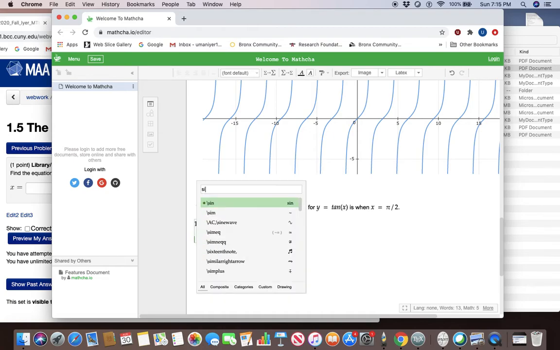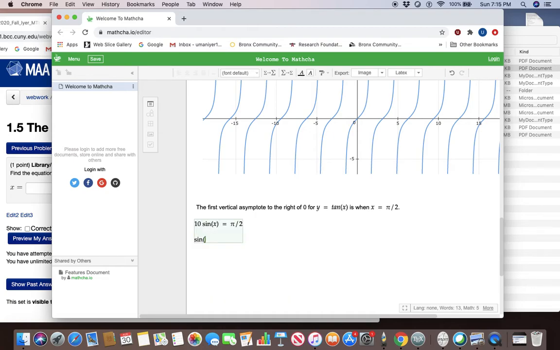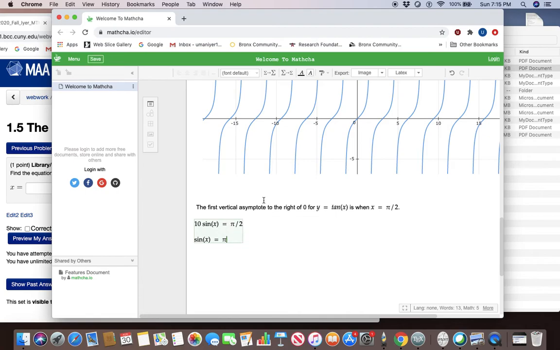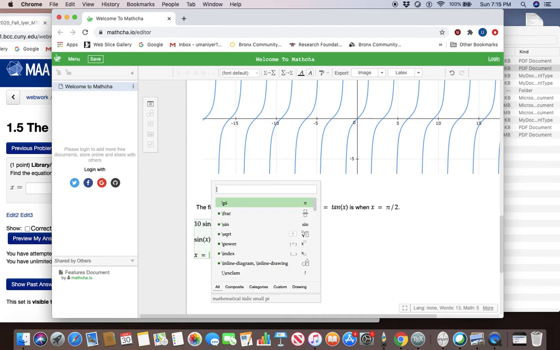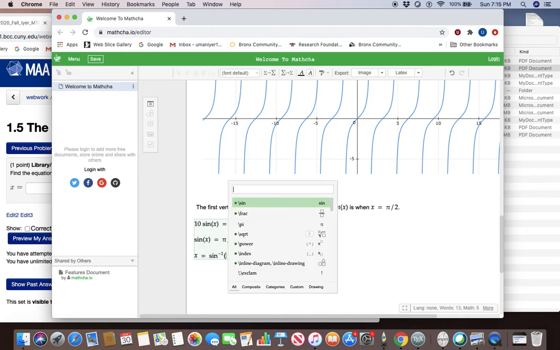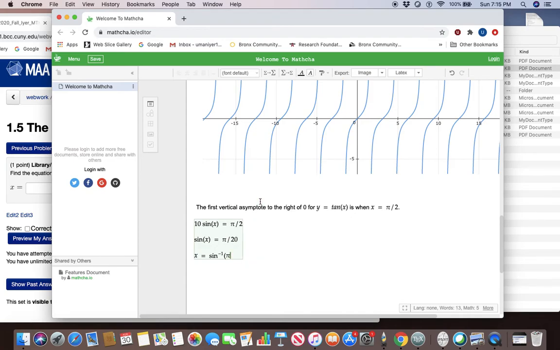So sine x equals pi over 20, dividing both sides by 10. In other words, what is x? It is sine inverse of pi over 20.